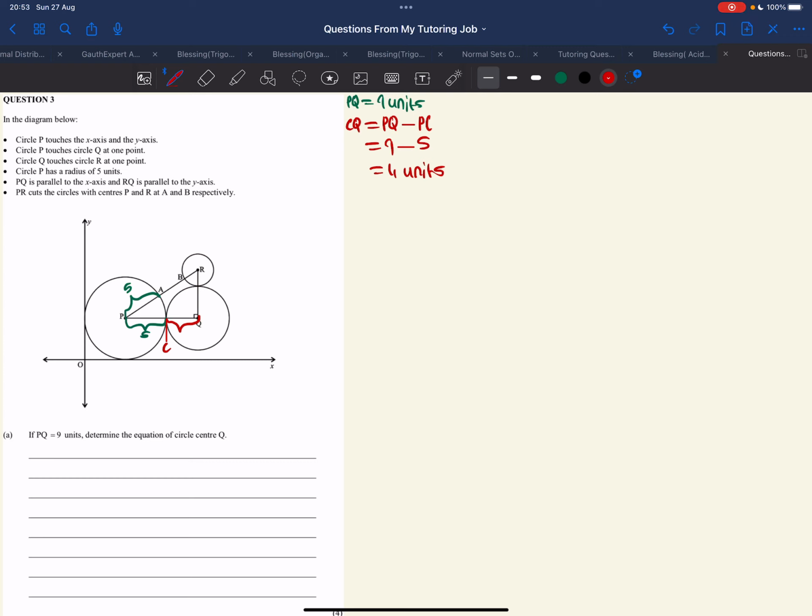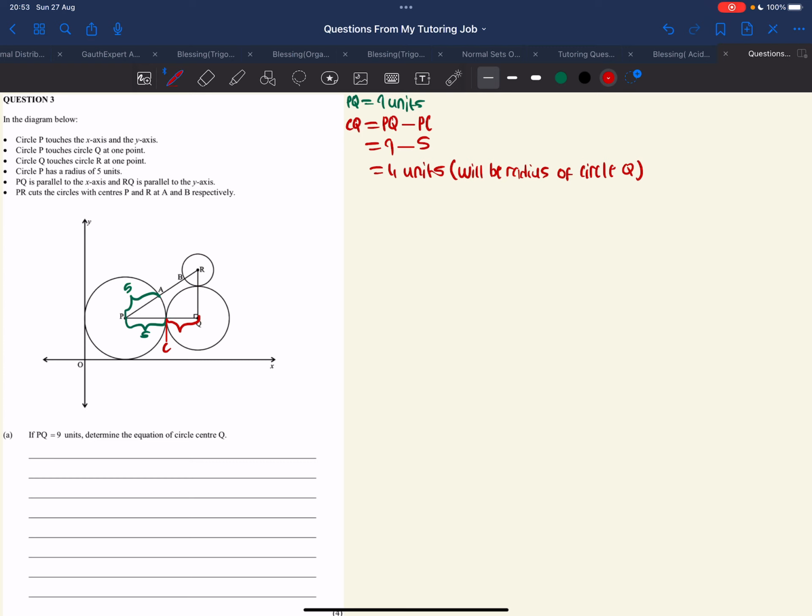Remember, that 4 units will be the radius of circle Q. All right, so we now have the radius. What we are now looking for are the coordinates of the center of circle Q.